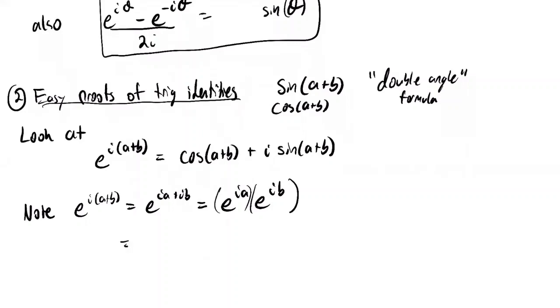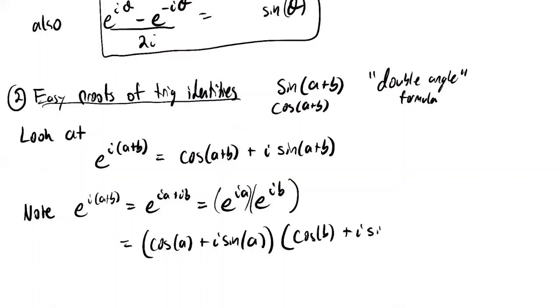So if I use Euler's formula again, this is equal to cosine of a plus i sine of a, and then all times cosine of b plus i sine of b, right? And so now let me distribute everything.